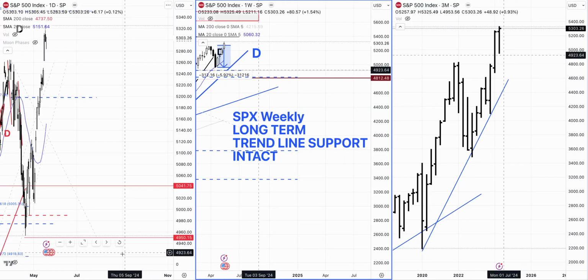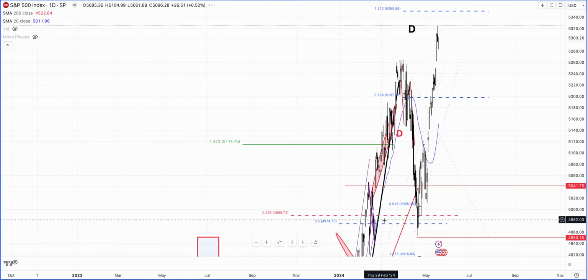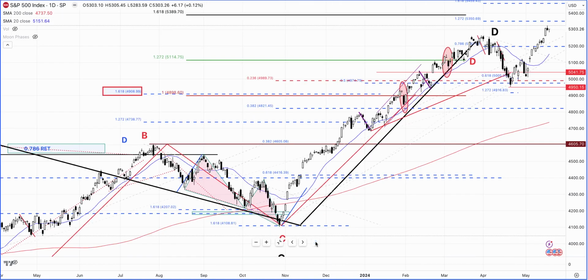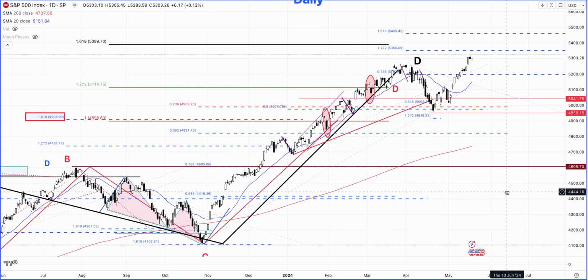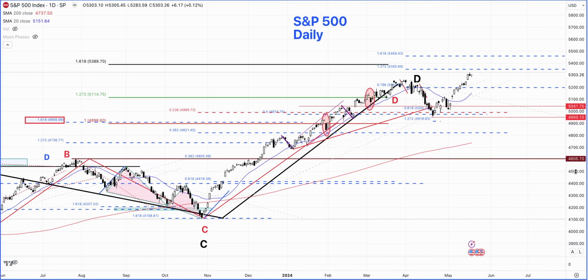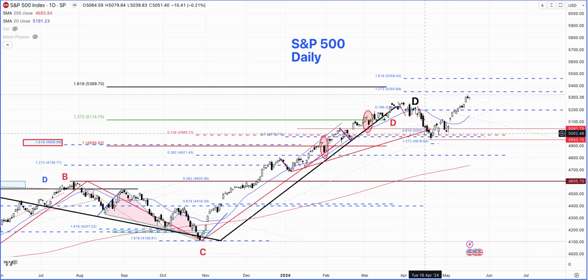Moving to the daily chart, here are a number of things to discuss. We were closely following this when this correction happened. We had different scenarios. We were looking for maybe a correction of ABCD magnitude lower, so maybe go to the 38.2% retracement, 48.21.